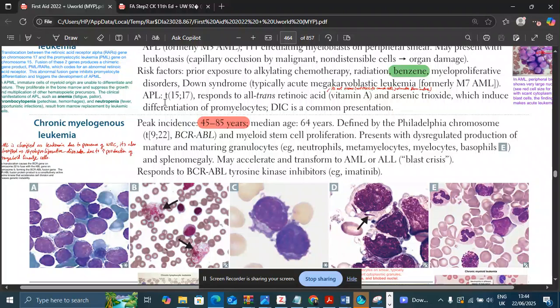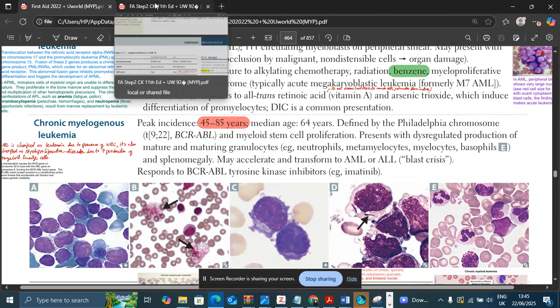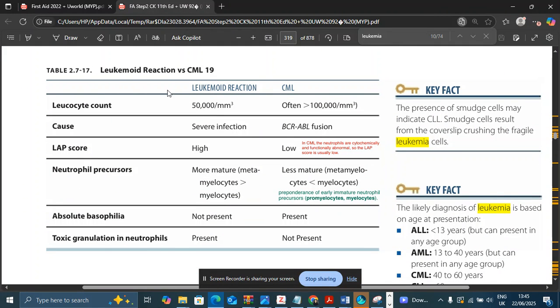So whenever the question comes with an increased number of WBC, you should know how to make the diagnosis of CML, what things you should see in CML. I'm using a table from First Aid for Step 2 CK that is very high yield to differentiate between leukemoid reaction and CML.